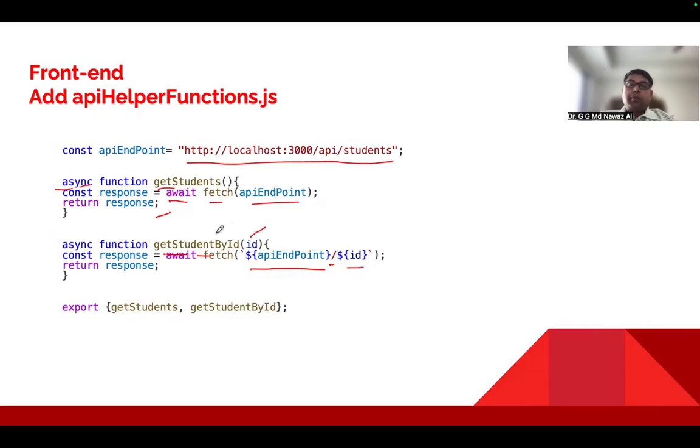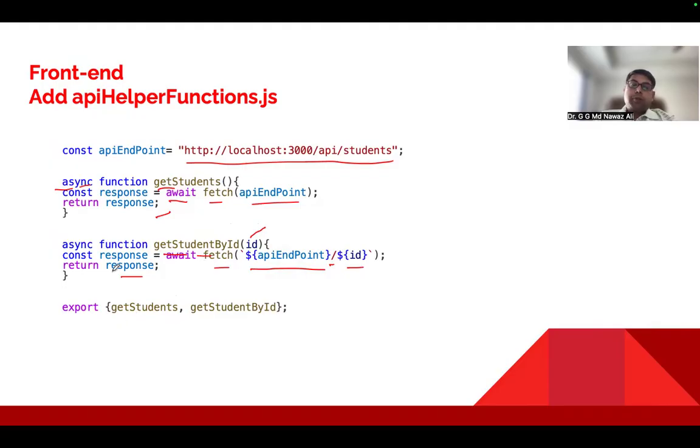When you call getStudentById, you pass the student ID, and that will go as a part of the fetch URL. Then when you get the response, you just return it, and we'll extract this response from our component.